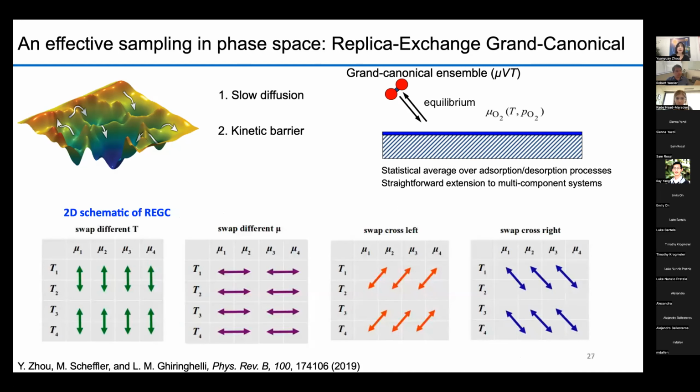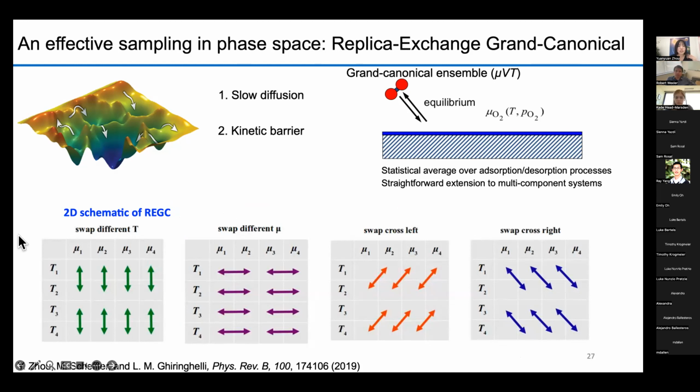And moreover, unlike the one-dimensional replica exchange scheme, we also designed a 2D replica exchange scheme. In the traditional 1D scheme, each replica has one or two neighbors to swap the thermodynamic state with.